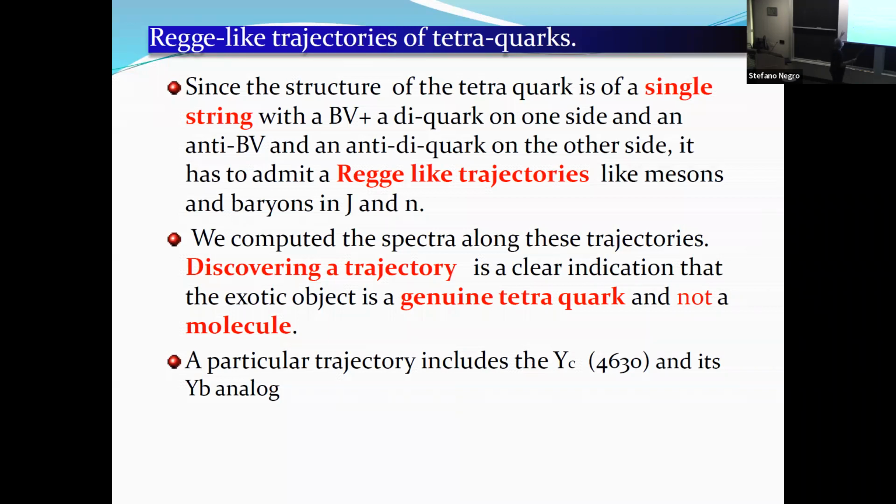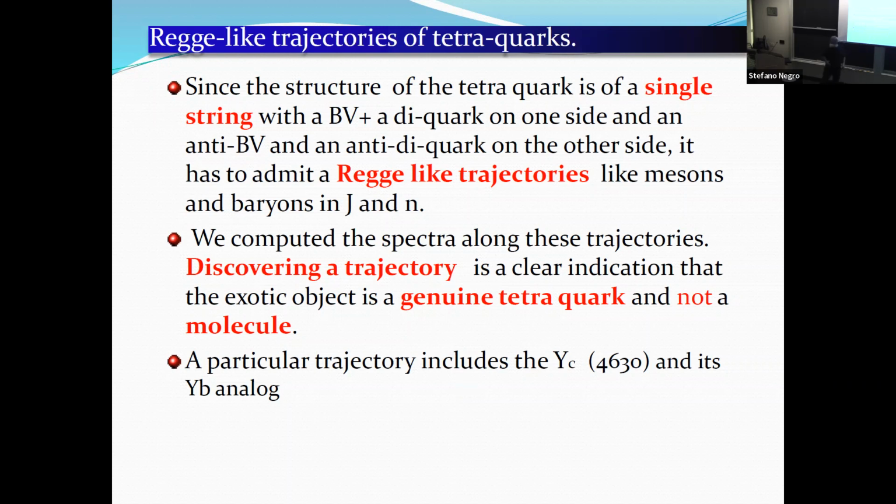So if it's really a string, then there will be a Regge-like trajectory for the string. We can calculate all the states on this trajectory. And if the excitations are identified, then it's clearly a string, and it is a genuine tetraquark.